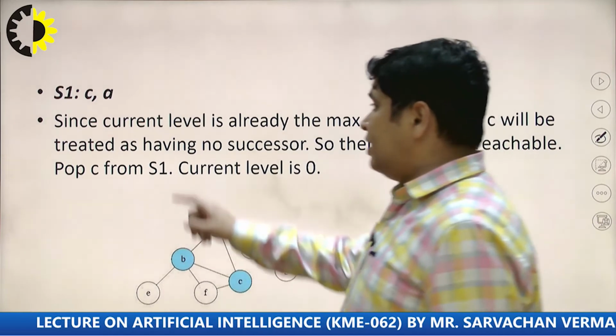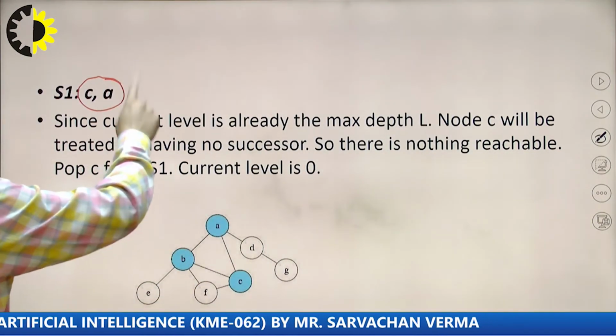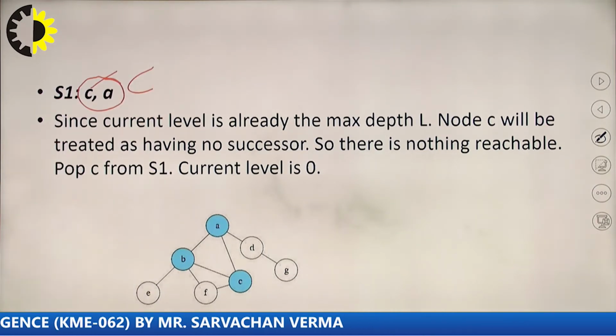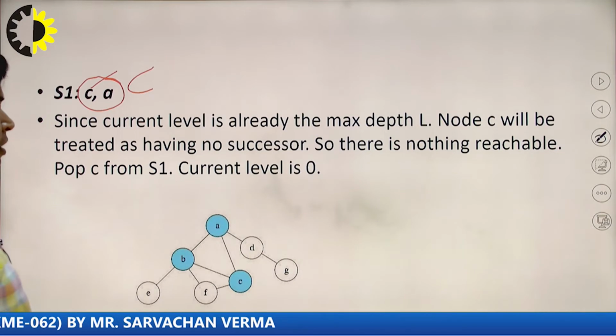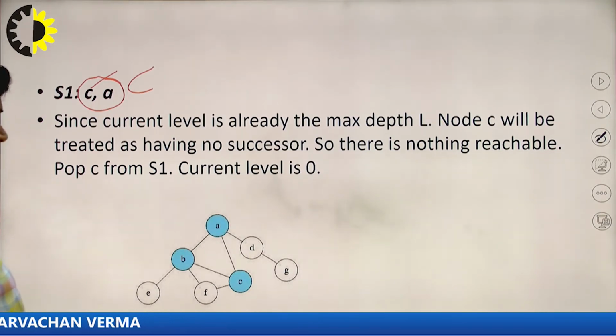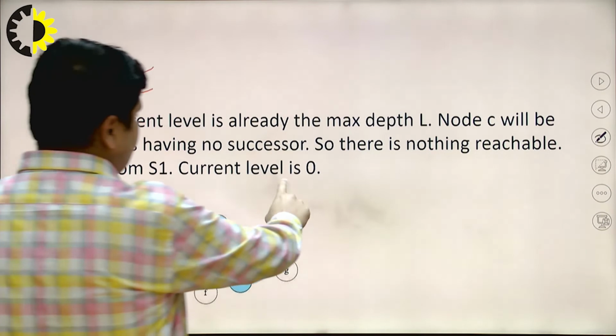So this is the current position, sorry, this is A, this is C. Since the current level is already the max depth L, node C will be treated as having no successor. So there is nothing reachable. Pop C from S1 and the current level is again 0.